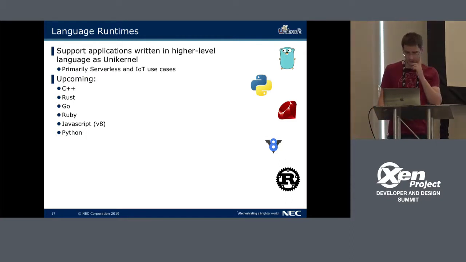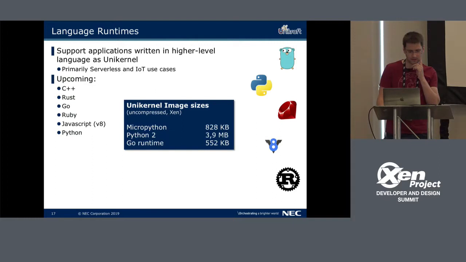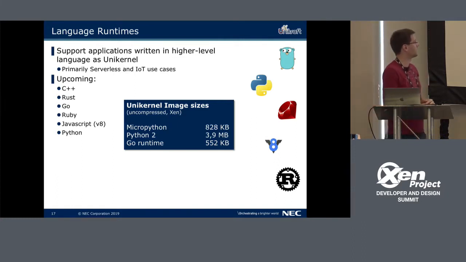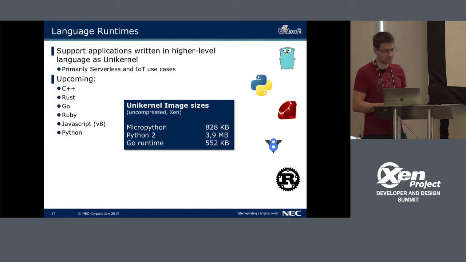And I want to show you some interesting early numbers that we got, on how big such unikernels actually look with a particular language environment. For instance, for Python 2 programs, we have two implementations. One is based on MicroPython, which is an embedded project for originally running Python programs on microcontrollers.